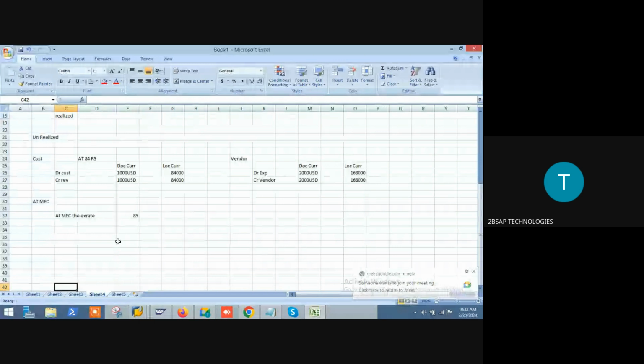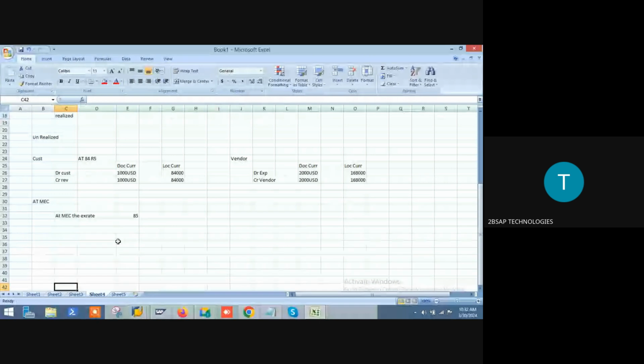On 31st, I am going to submit my P&L and balance sheet for that particular month. On 31st itself, the rate is 85 rupees, but when I was posting it, it was 84. Now I am going to submit my books based on my latest exchange rates, so automatically my valuation also will differ.